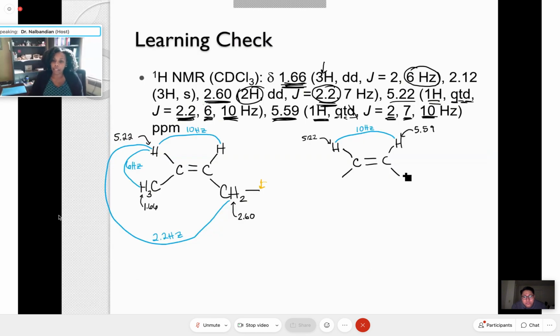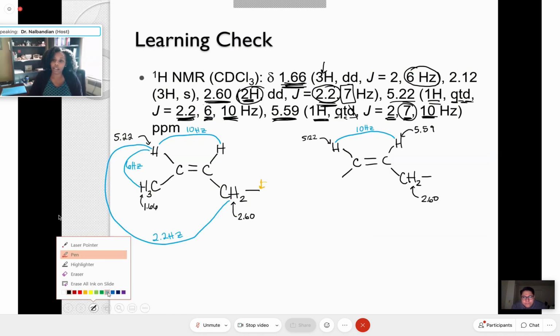So the none coupling, that'll be closest to 5.59. So what do we have to have there? We're talking about 7. Where did we see 7 hertz coupling before? With the 2 hydrogens of 2.60. We've seen this before. So from these hydrogens to this hydrogen, 7 hertz.